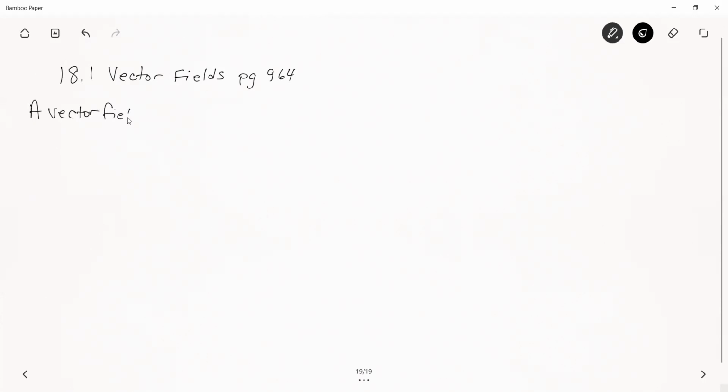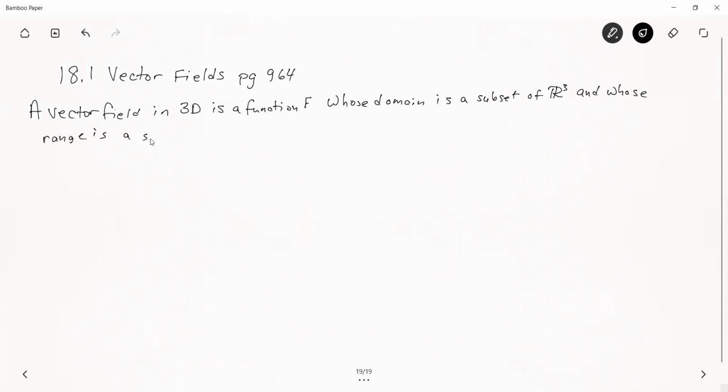So a vector field in 3 dimensions is a function F whose domain is a subset of the reals, so R3, and whose range is a subset of V3.